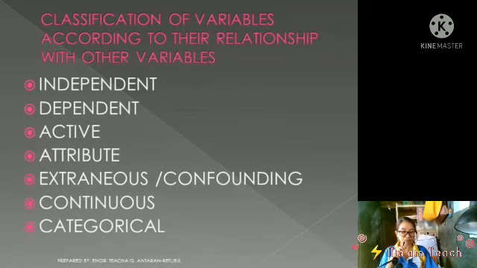Okay? What else? How about continuous and categorical? We can also classify variables, class, as continuous or categorical. Continuous, class, an example of this is your monthly income. Monthly income of those who work, let's say hourly, their wage is based on the hour. Right?